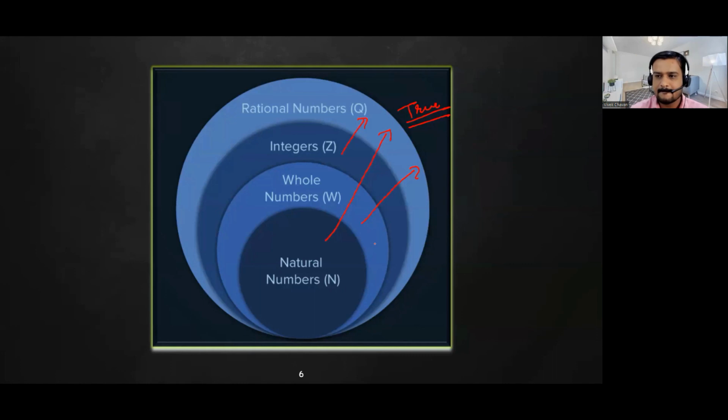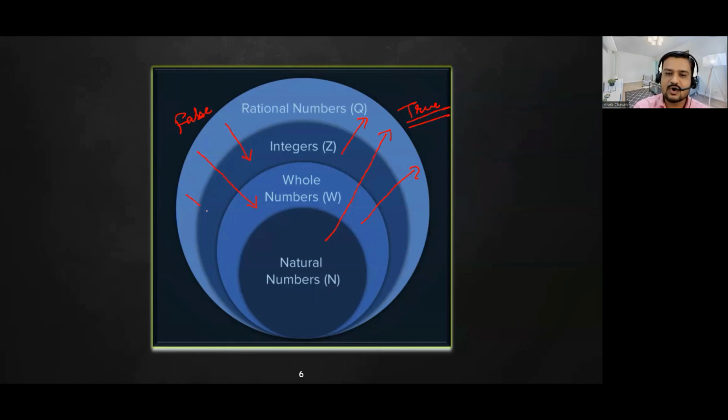But when I come from outer circle to inner circle, if I say all rational numbers are integers, then it is false. If I say all rational numbers are whole numbers, again it is false because I'm coming from outer circle to inner circle.